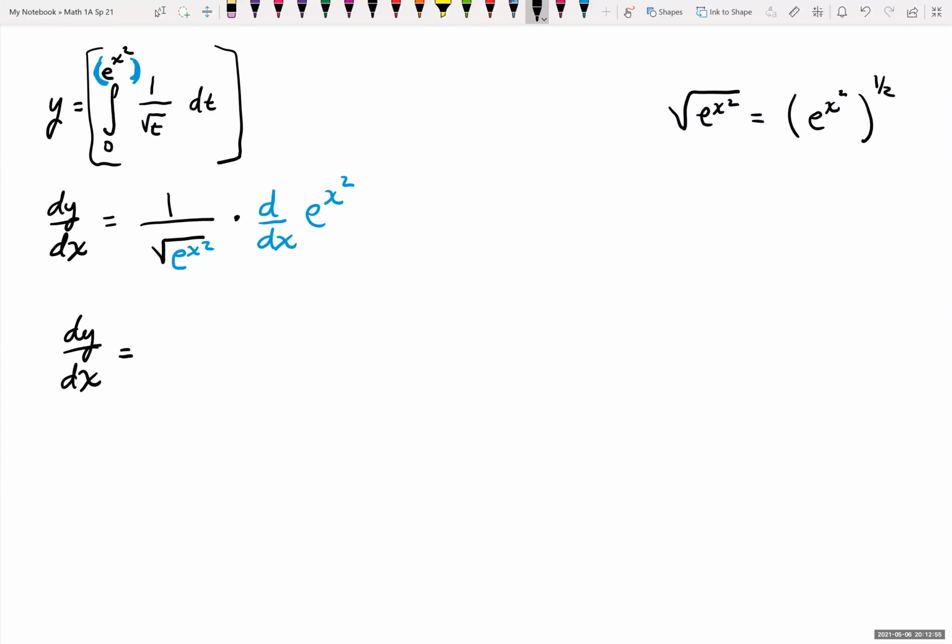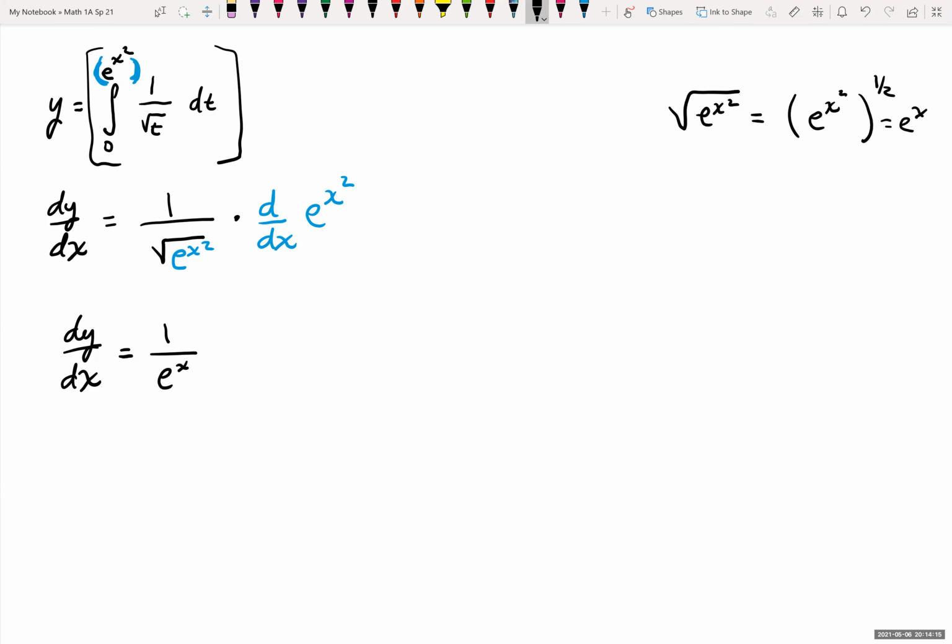Actually, is that not true? Hold on. Okay, so that would give us power to power, squared times 1/2. That's just going to give us back e to the x. So I can rewrite this as 1 over e to the x.